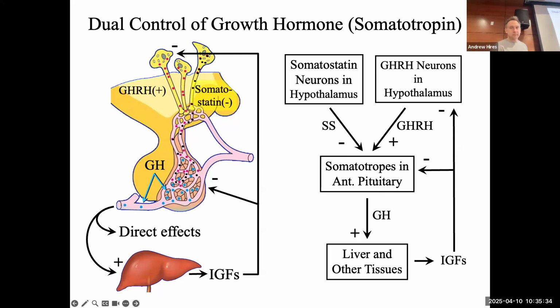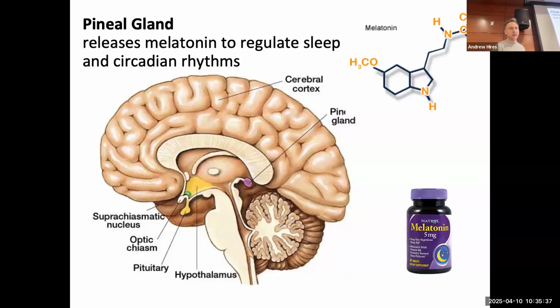The pineal gland. We haven't talked about that one as much. The pineal gland is a tiny little structure back here that sits underneath the thalamus, and it releases a molecule called melatonin. You've probably heard of melatonin. Orally active melatonin doesn't seem to be that effective, but it's often used by people to try to get better sleep.